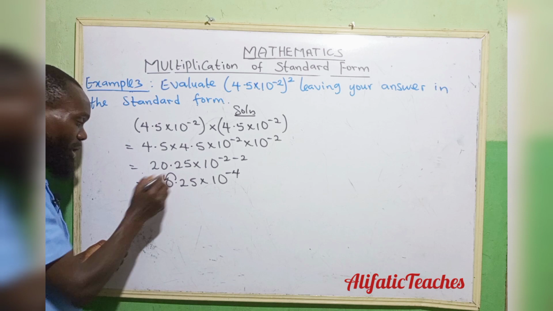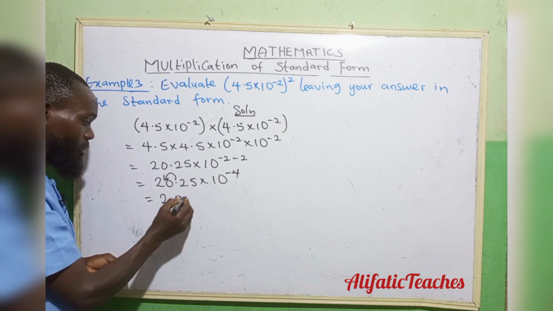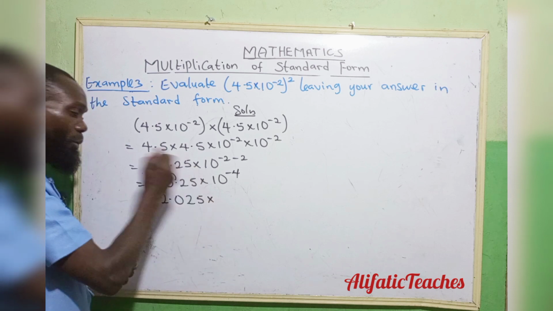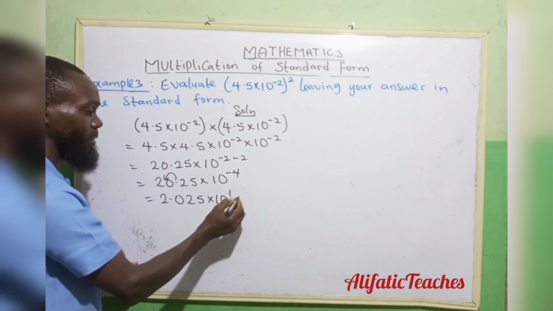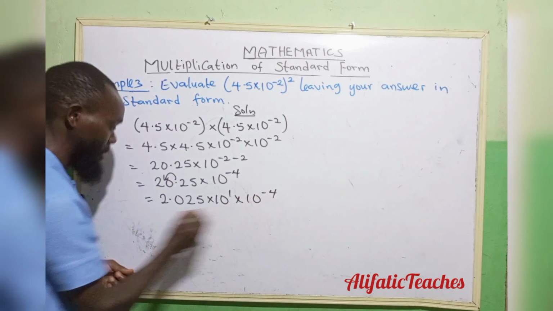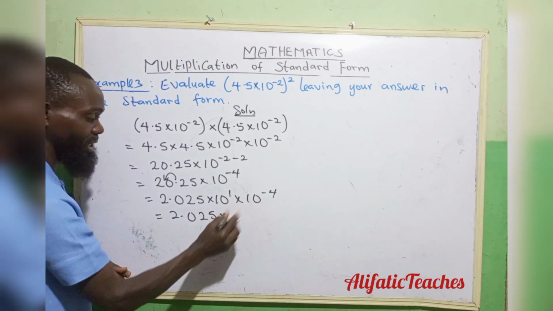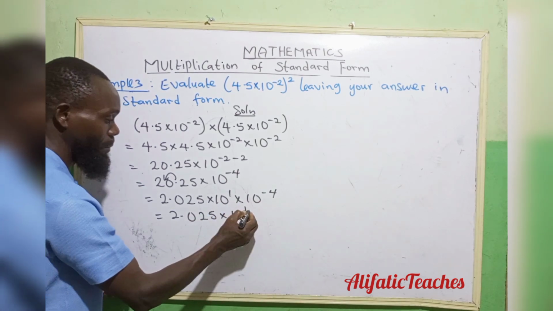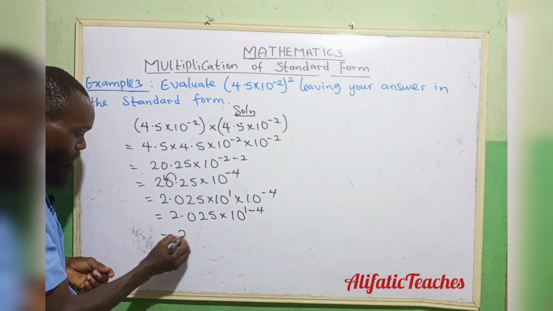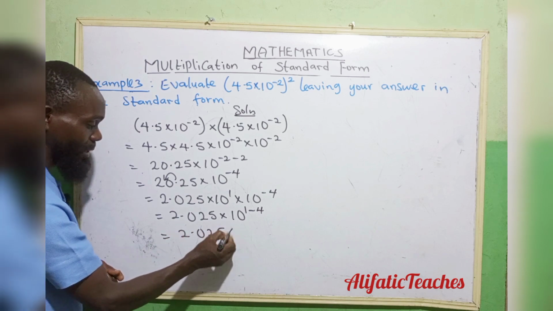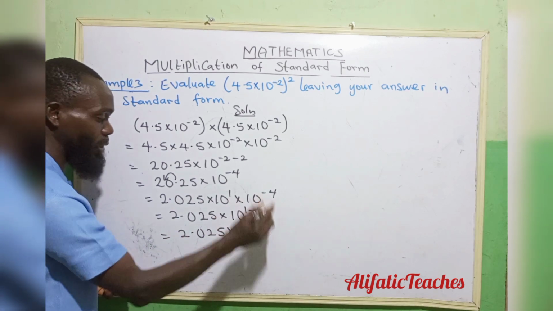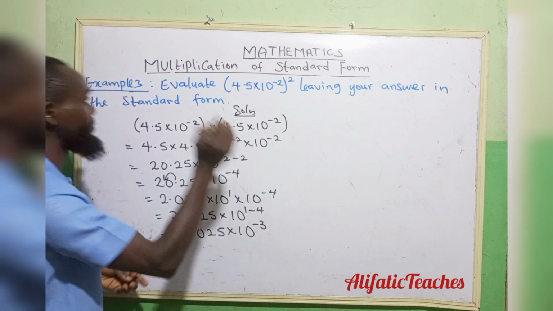We have to move it forward: 2.025. When you are moving forward, that is positive, 10 raised to the power 1 times 10 raised to the power minus 4. So we have 2.025 multiplied by 10 raised to the power 1 minus 4, we have minus 3.